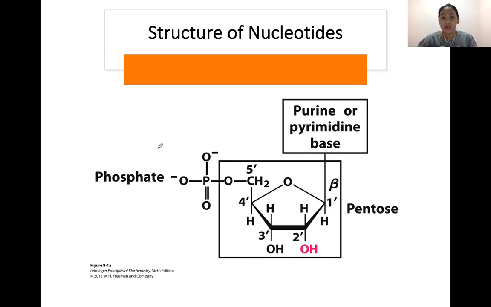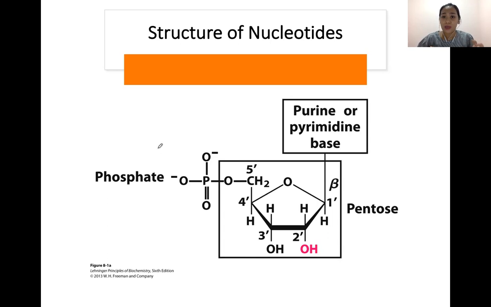But if there's a phosphate group, we call it a nucleotide. So nucleotides can have 1 or 2 or 3 phosphate groups. That's why we have nucleoside monophosphate if there's 1 phosphate group, diphosphate if there are 2 phosphate groups, and triphosphate if 3 phosphate groups are present.